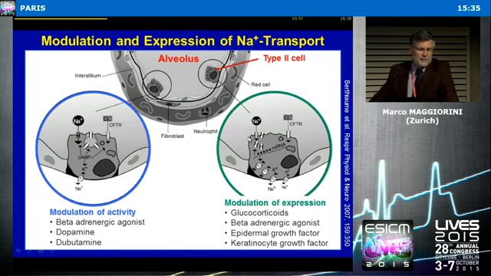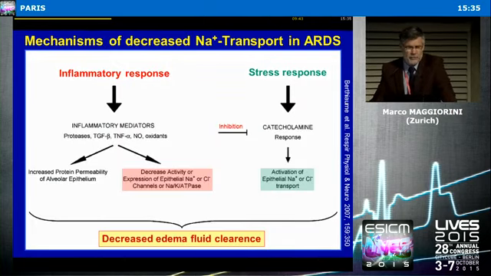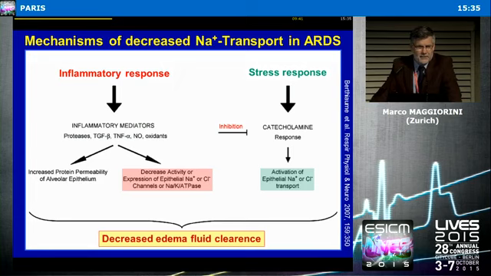If the activity of those channels is decreased, or you go to hypoxia and the content of those channels is decreased, fluid starts accumulating in the lung. And there are several situations that we face in our patients that act on this sodium transporter at the alveolar cellular level too.